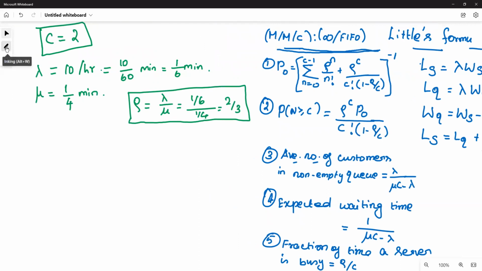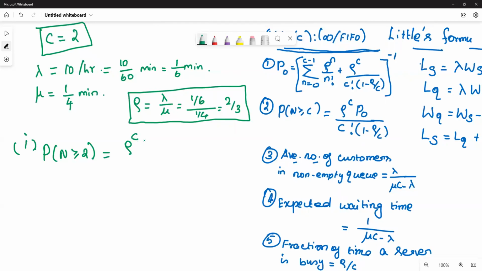The first subdivision is: what is the probability of having to wait for the service? That is, we have to find P of n greater than or equal to 2. The formula for P of n greater than or equal to C is (rho^C) P naught divided by C factorial into (1 minus rho by C), where C is 2 here.